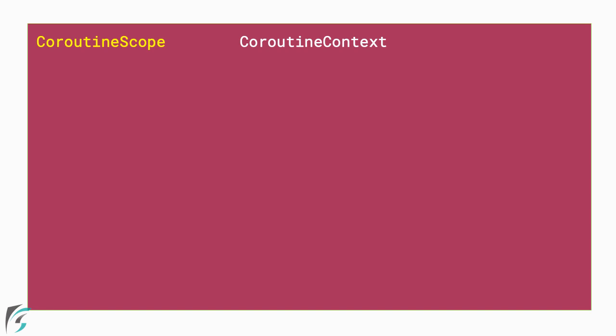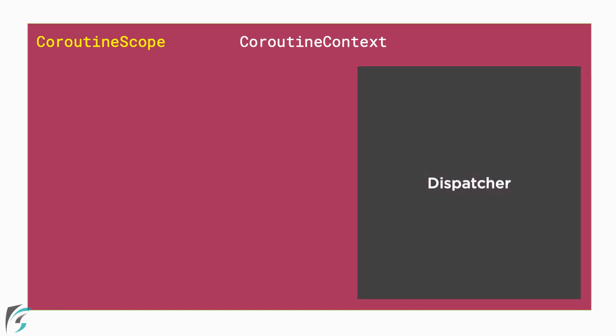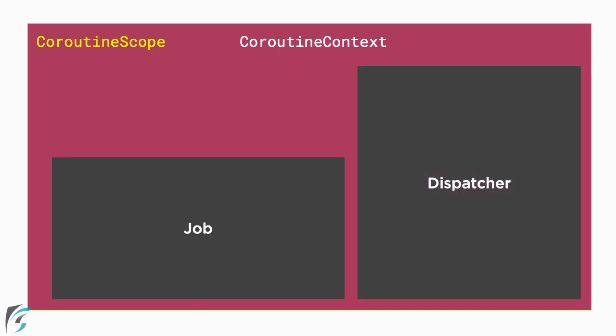But CoroutineContext can be inherited from parent to child, meaning the child coroutine can inherit properties from the parent coroutine. Now this coroutine context has basically two major components, such as a dispatcher and a job object.